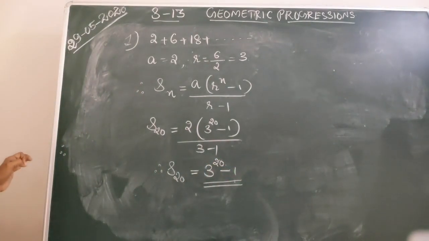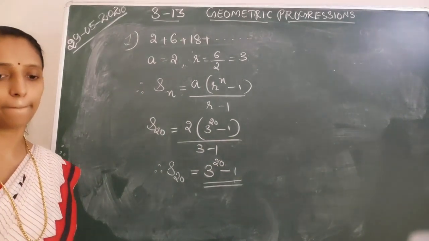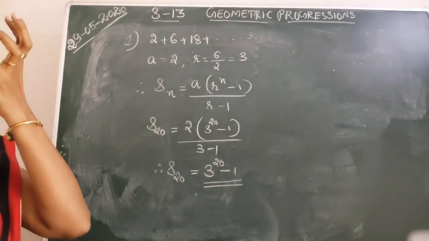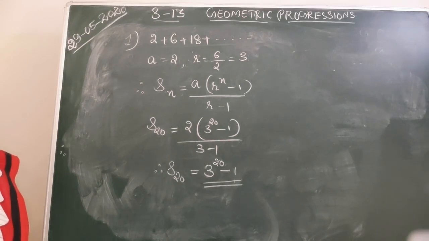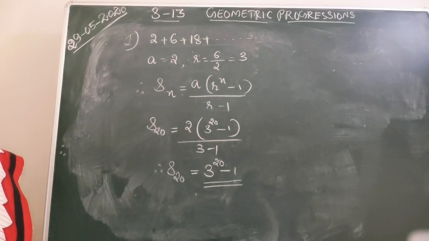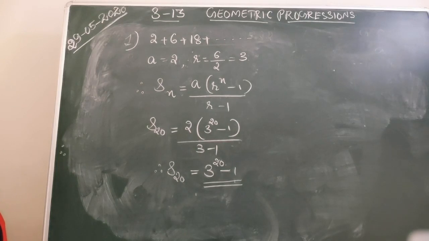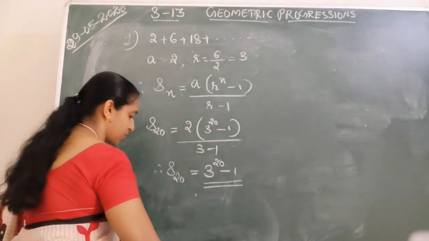Because 3 to the power 20 is a long calculation, no need of calculating it. In such cases, as I have told you, you can leave the answer in exponential form.